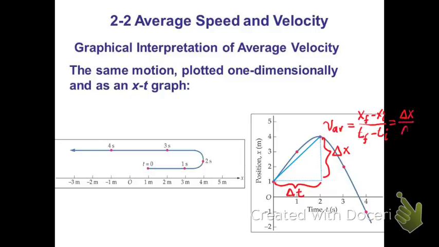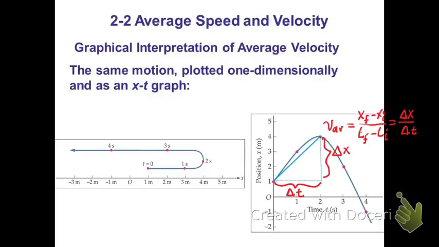Mathematically this ratio is nothing but the slope of this line connecting these 2 points, the initial point and the final point.